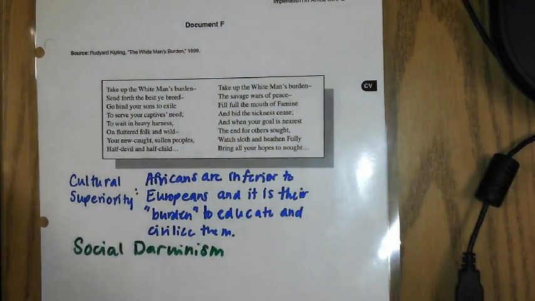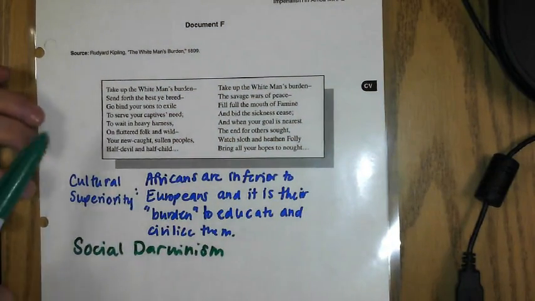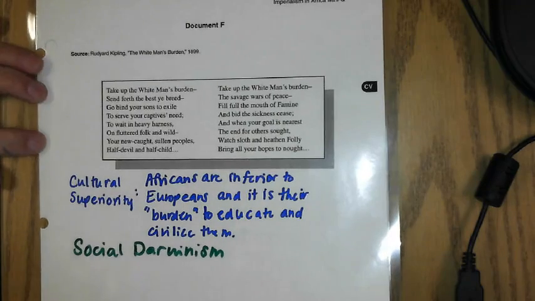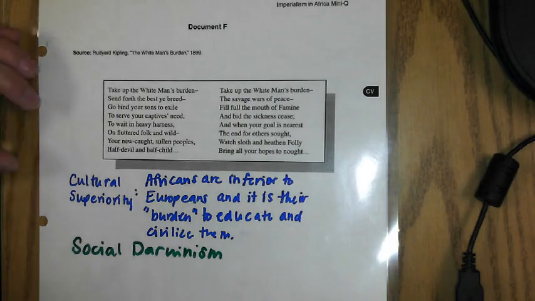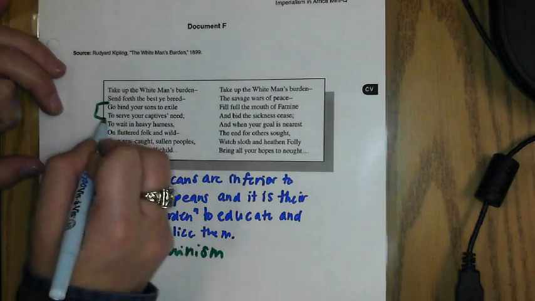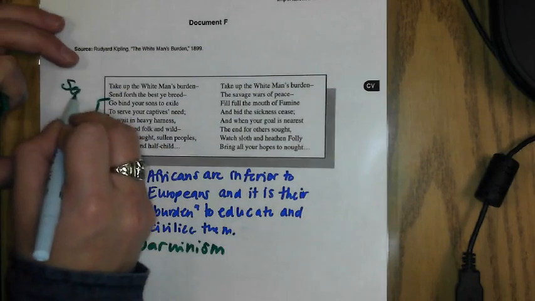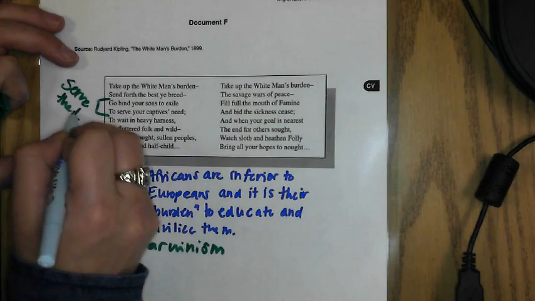Okay, and so in the actual paragraph it says, "Take up the white man's burden, send forth the best ye breed, go bind your sons to exile to serve your captives' need." What this is talking about here is that they had to serve the Europeans.